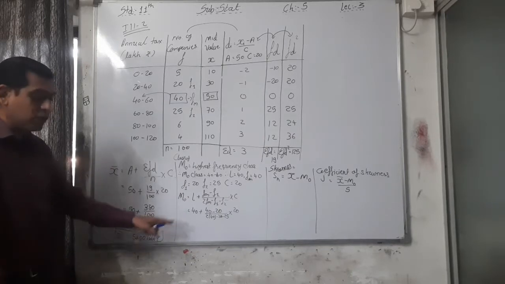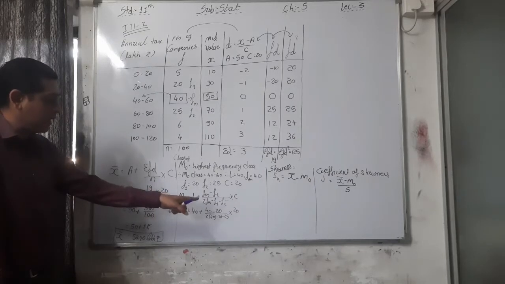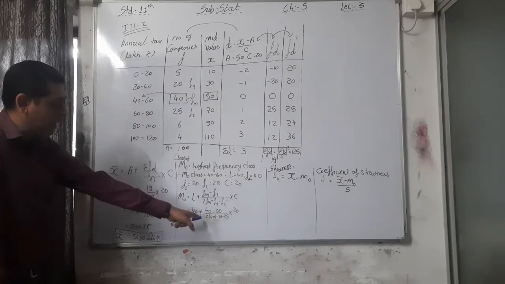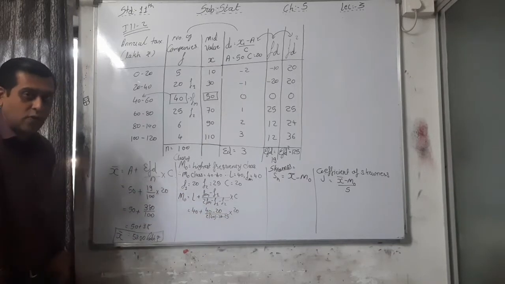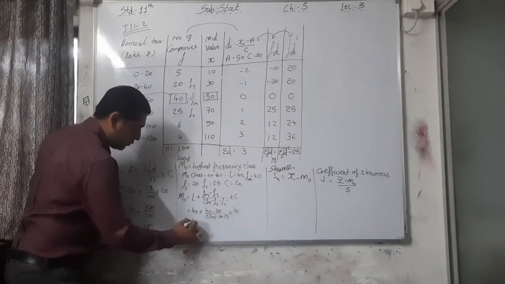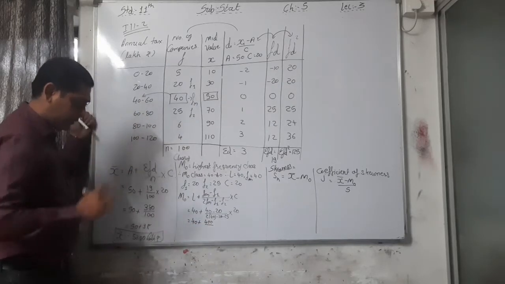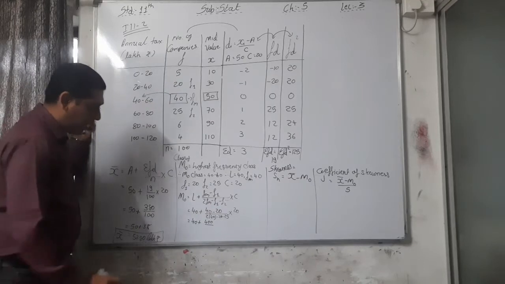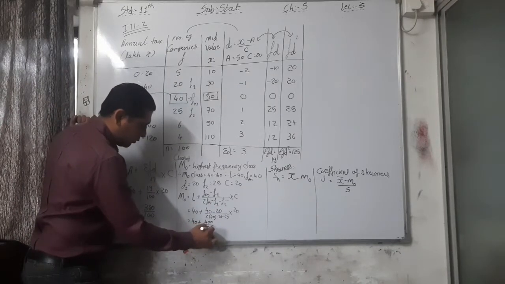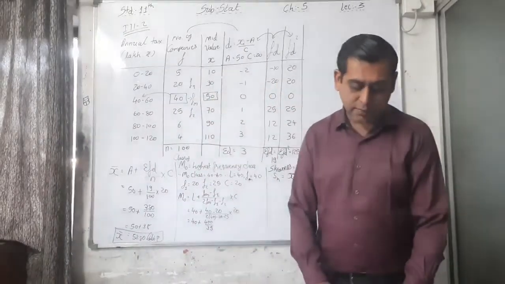Next step: 40 plus 20 into 20 divided by 80 minus 45, is equal to 40 plus 400 divided by 35. So 400 divided by 35, what is the answer?